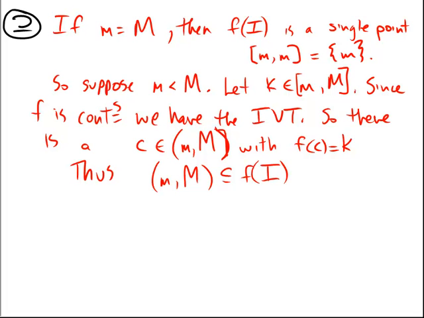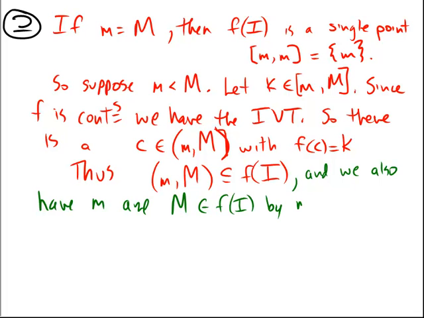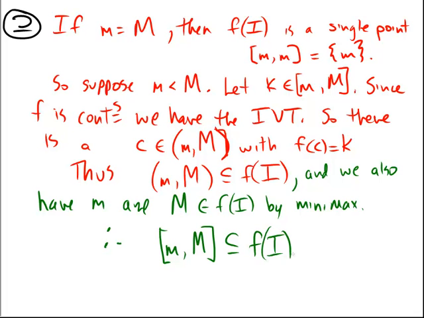Thus we get the whole open interval from little m to big M by the IVT, and we also have m and M in f of I by Minimax. So therefore, the closed interval m to M is a subset of f of I. And so we have the containment going the backwards direction now.